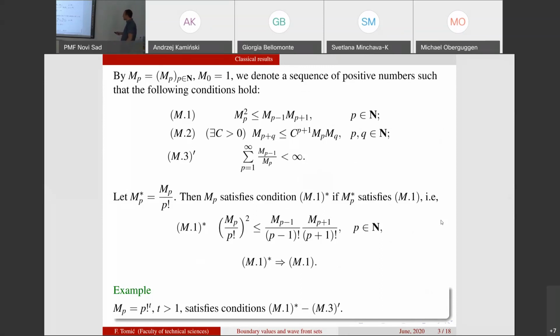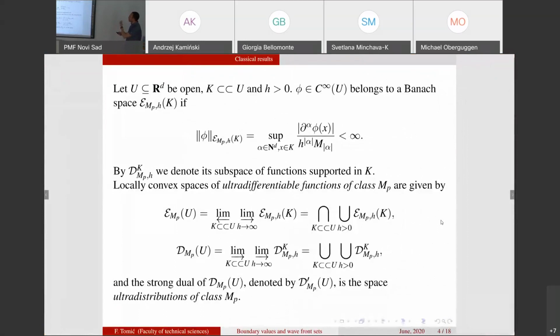We have M2, which is quite important because it gives ultradifferentiability, and we have M3 prime, which means that in our analysis we can use compactly supported functions. Then we have the condition M1 star, which is stronger than M1 and also has to be satisfied. Of course, there is an example of such a sequence: the Gevrey sequence, which satisfies all of these conditions, and this is not hard to check.